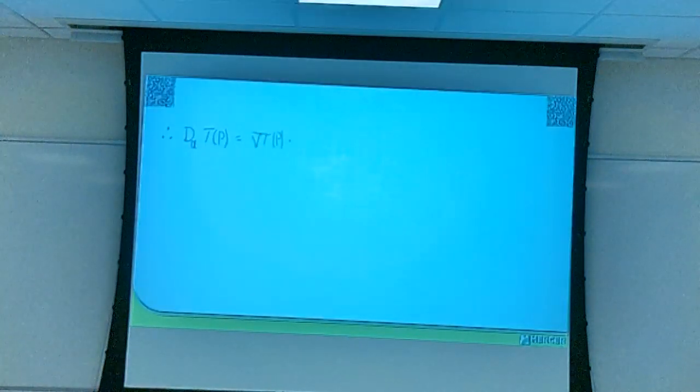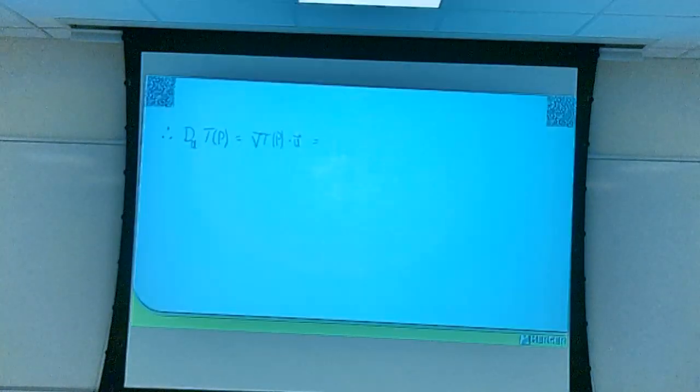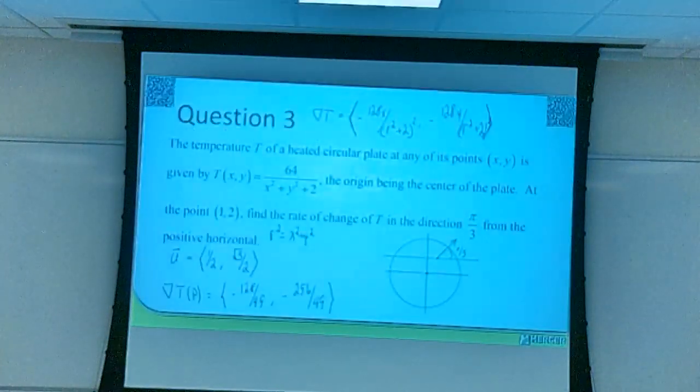Sure. The derivative of T in the direction of u is the gradient of T at the point dotted with u. To make life easy, you can factor out negative 128 over 49 from del T, right? I think we can also factor out 1/2 from u.